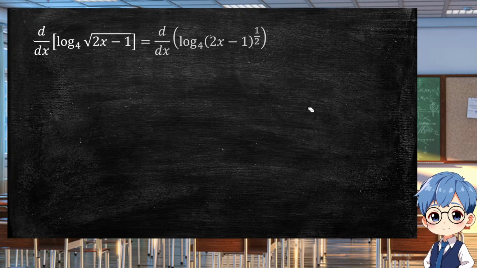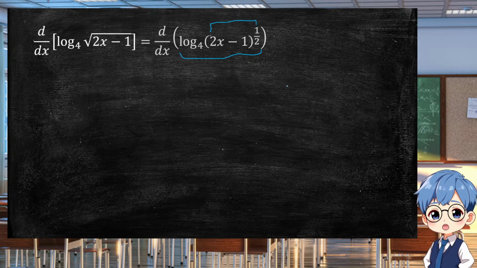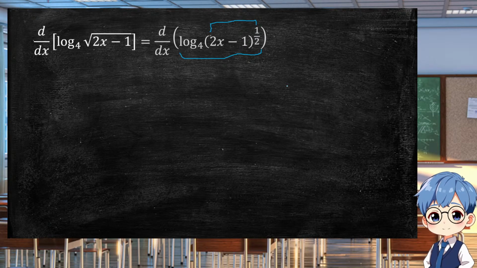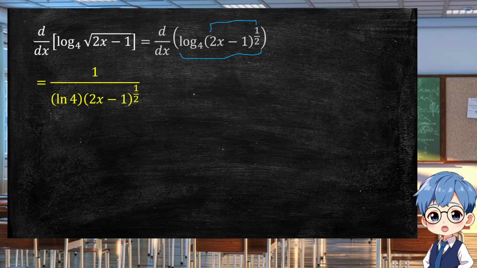So in this scenario, we apply first the derivative of logarithms before we apply the chain rule. Because again, 2x minus 1 here is raised to the power of 1/2 and not the logarithm. So applying the derivative of logarithm first.